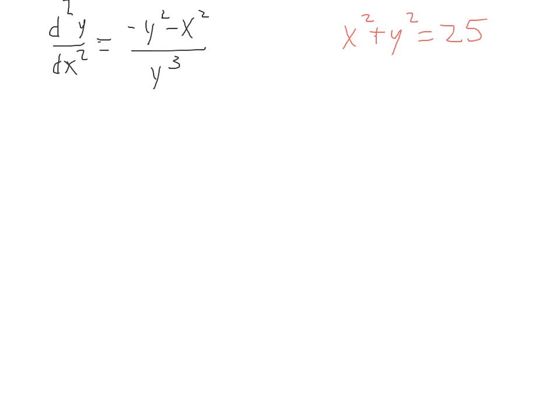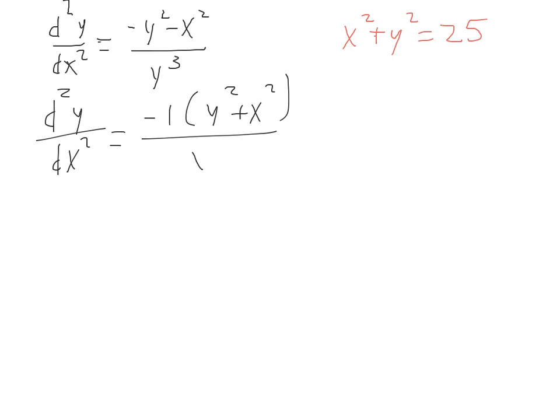Once I've found that second derivative, I can always find my original equation for some back substitution. So you'll notice that in the upper right hand corner we have the original equation, and I want to look for x squared plus y squared, and I want to somehow replace it with 25, or I want to look for one side of the equal sign and replace it with the other. So when I look up here, I see that the second derivative of y with respect to x both times should be equal to -1 times the quantity of y squared plus x squared all over y cubed.